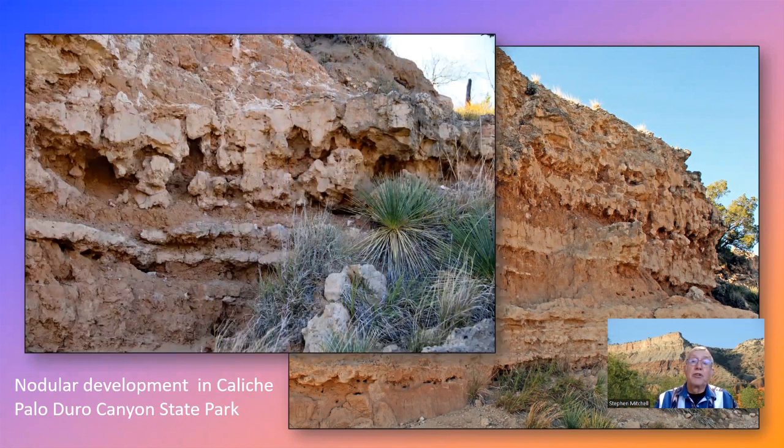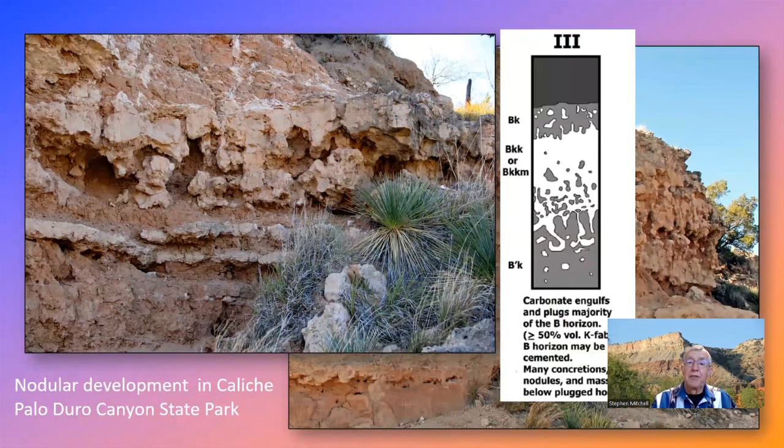Here's another picture where, again, layers of caliche are cemented together, and then the softer clay rock has been washed out of them. These are both from road cuts in Palo Duro Canyon. To me, these reflect very well at least stage 3 of the calichification. It's fairly mature at that point. So you've had a number of layers of that type of maturity here.